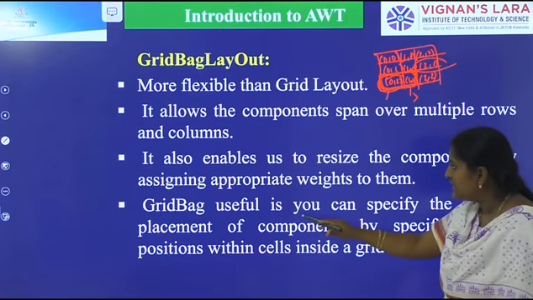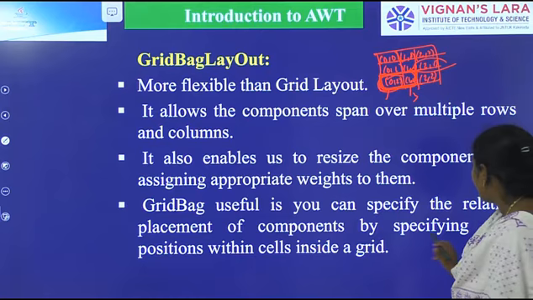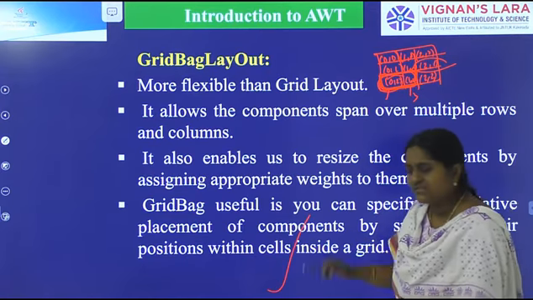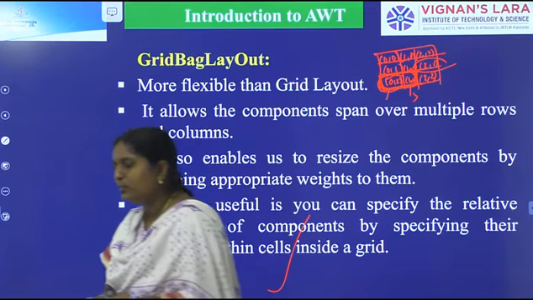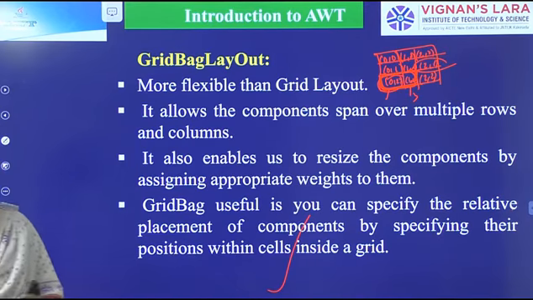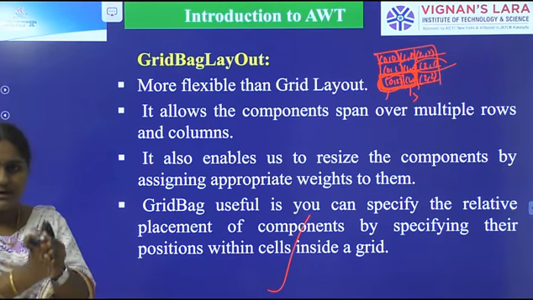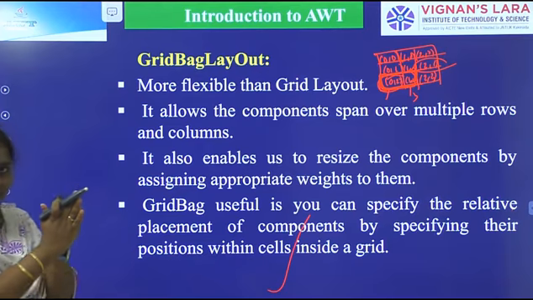Next one, grid bag is useful because you can specify the relative placement of components by specifying their positions within the cells inside a grid. Already I told you, if you want to put a particular component in a particular place, then you can choose grid bag layout. Suppose I want to put one component like a button in the left position or right position.